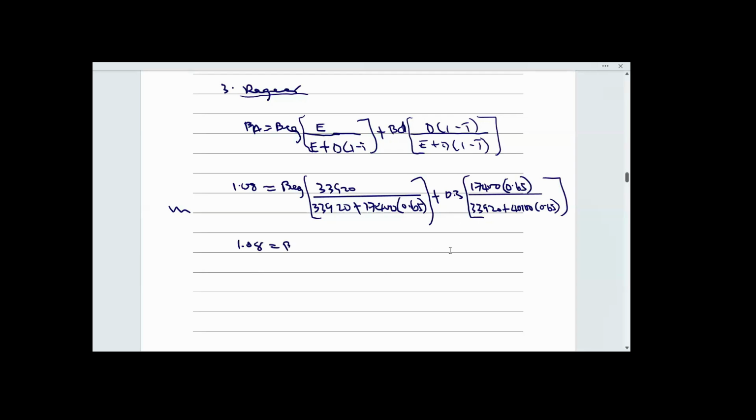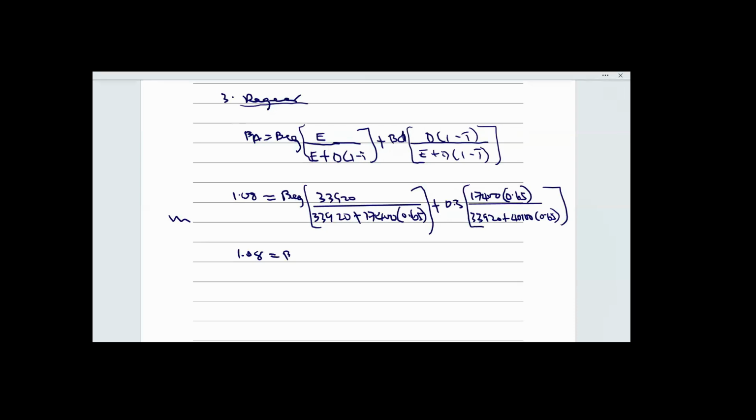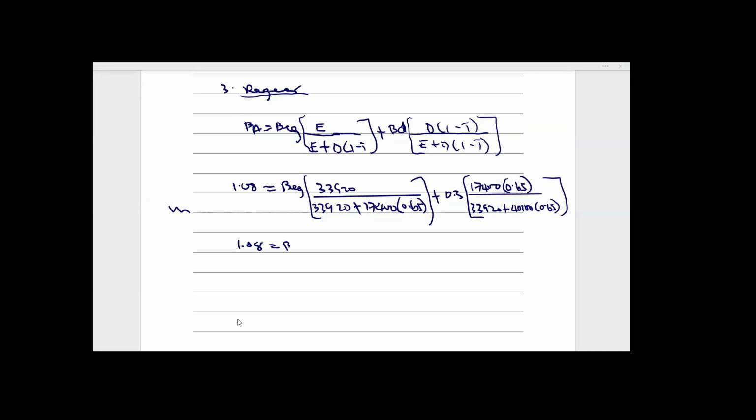Now, 0.65 multiplied by 17,400 plus 33,920 equals 45,230.